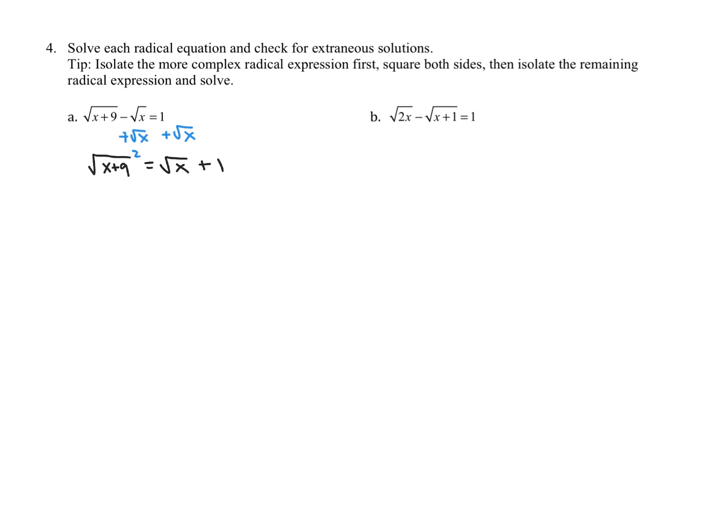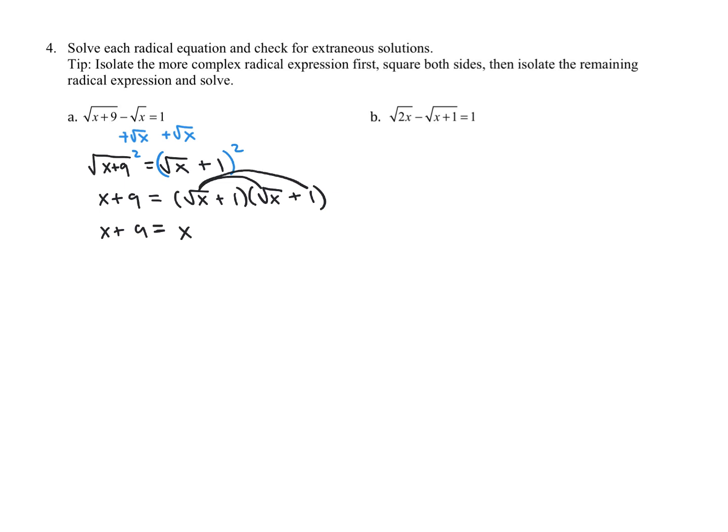I'm going to square both sides. And on the right side, I need to put parentheses, and I have to multiply that binomial by itself again. So on the left, we do just get x plus 9. That radical goes away. But on the right, we're going to do the square root of x plus 1 times the square root of x plus 1. And so the square root of x times the square root of x, that would be the square root of x squared, which is just x.